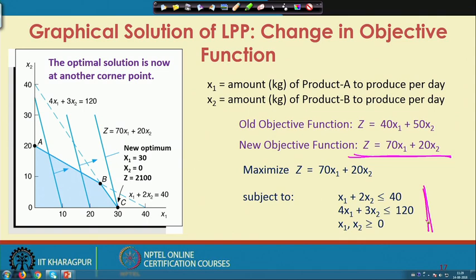Now I have to plot 70 x 1 plus 20 x 2 equal to some constant c as the objective function line. These are the objective function lines, and you see again the objective function value is increasing in this direction.